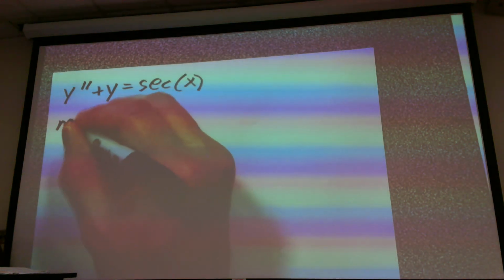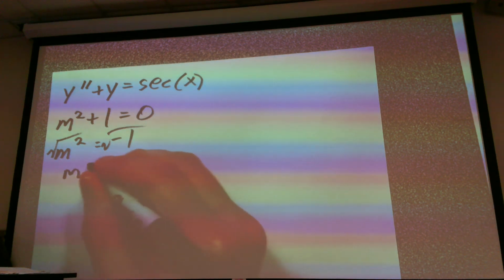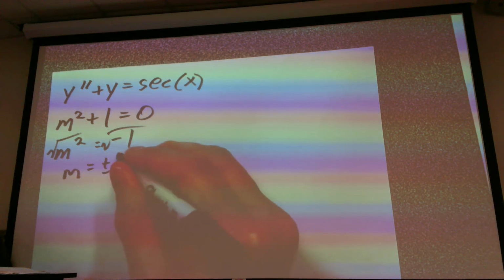So we have the auxiliary equation m squared plus 1 equals 0, or m squared equals -1, and we take the square root, m equals plus or minus i.